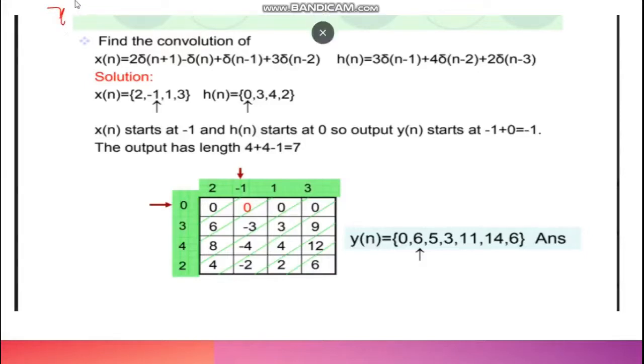The sequence of x of n is equal to 2 into del of n plus 1, which means the value is 2 with index minus 1, as it is multiplied by del of n plus 1, meaning the position will be minus 1.